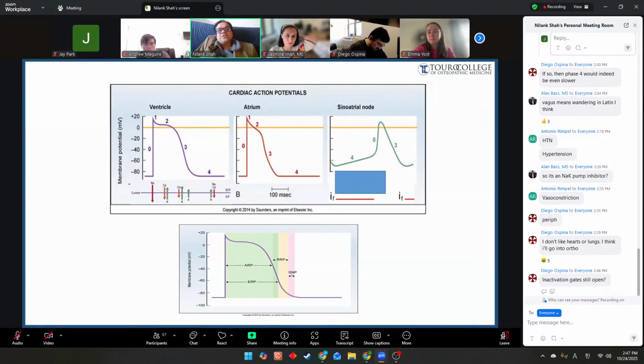You have not reached RMP yet. You are still away from RMP, and that will make it very easy to fire an action potential at that stage. That will also help the sodium channel recovery very quickly, because you are going away from the sodium equilibrium potential, right, Emma?